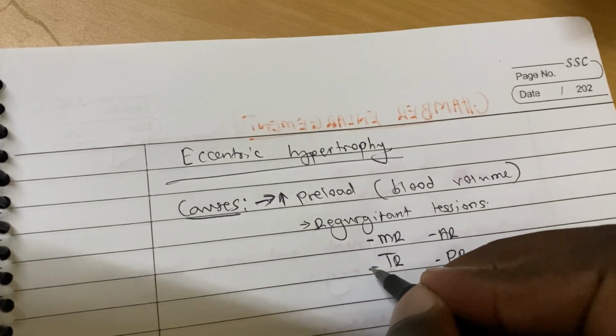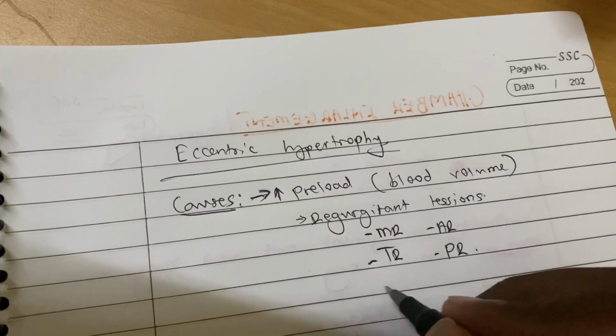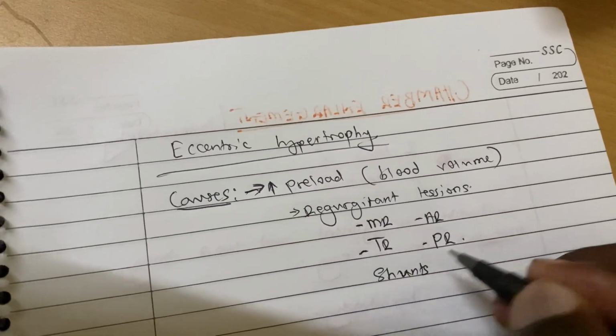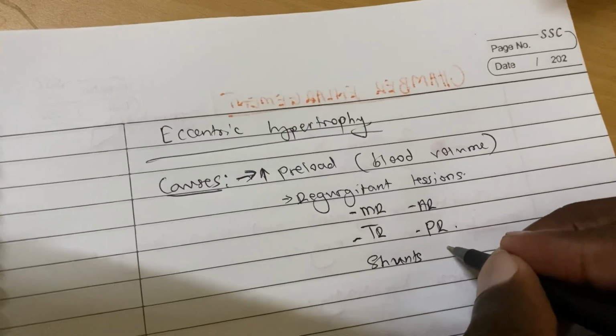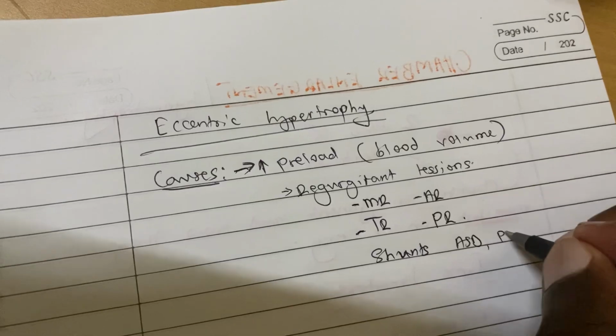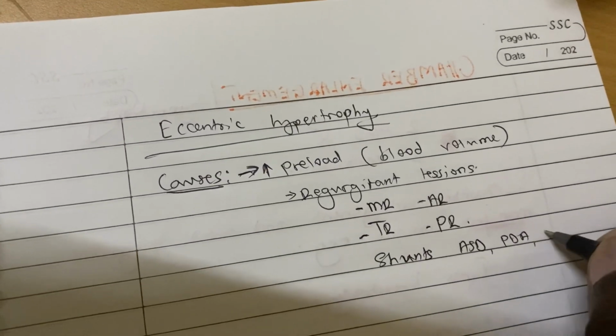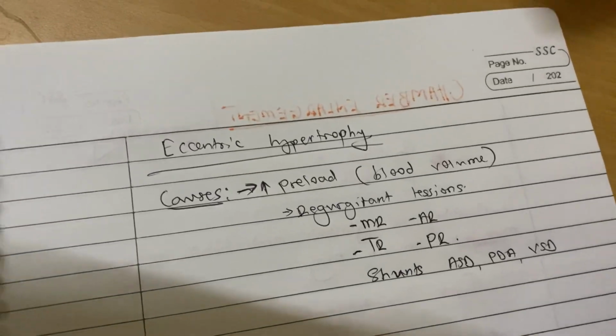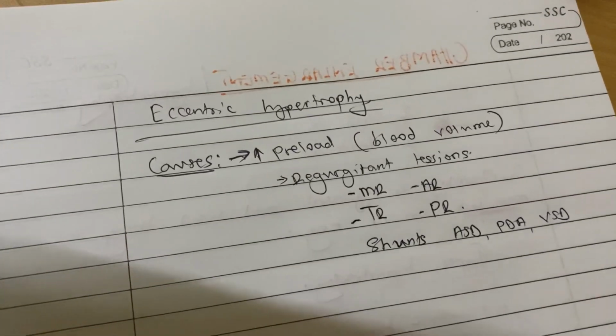Another one can be shunts, congenital shunts, for example ASDs, PDA, VSDs. These ones are going to increase volume in one chamber.